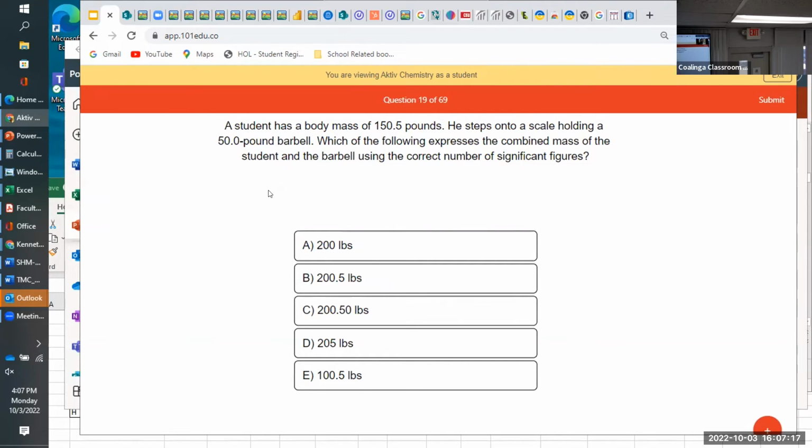A student has a body mass of 150.5 pounds. He steps on a scale holding a 50.0 pound barbell. Which of the following expresses the combination of the mass of the student and the barbell using the correct number of sig figs?